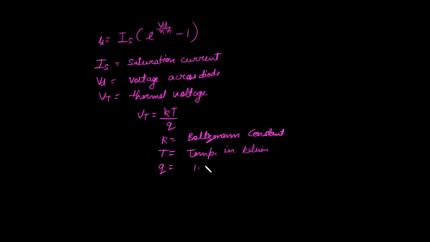This is 1.6 times 10 raised to power minus 19 coulombs. So at a room temperature of about 25 degrees C, we get Vt equal to 25.8 millivolts. So some authors approximate it to 25 millivolt, and some to 26 millivolt, depending on their convenience.